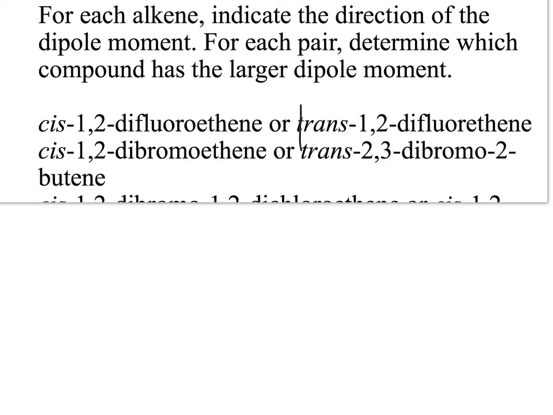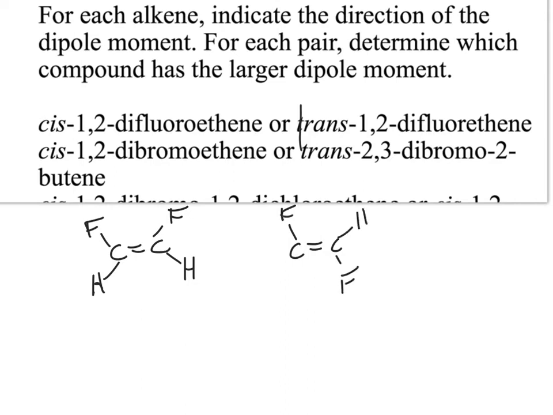Okay, so the first one you need to do is draw cis-1,2-difluoroethene. So this is your cis, or trans 1,2-difluoroethene. When you draw in your dipole, fluorine is more electronegative.